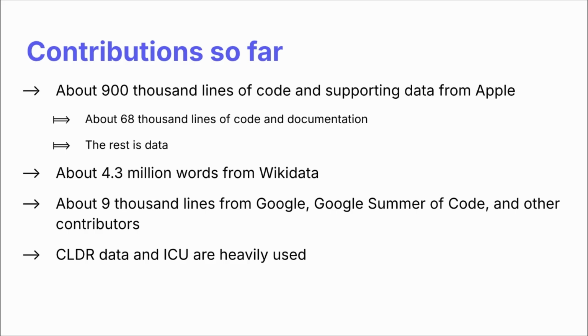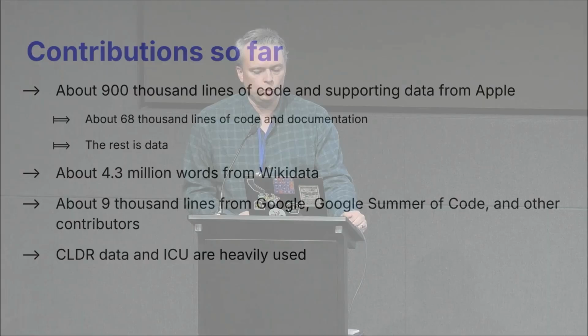There were about 4.3 million words from Wikidata consumed by the project, just for the current list of languages. And about 9,000 were added from Google, Google Summer of Code and other contributors.